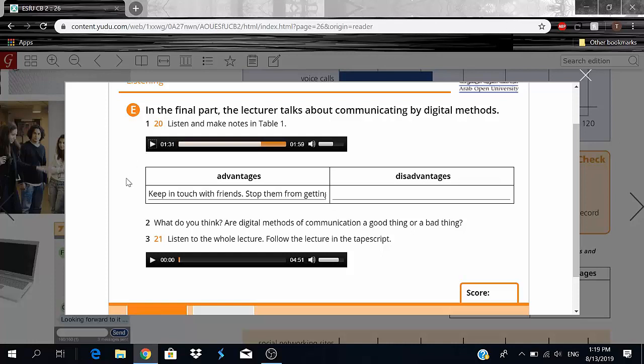Okay, so it seems that the lecturer has considered a disadvantage of using digital methods, which is that teenagers now don't talk face to face. They only talk online. So this is a really valuable skill that can hurt them in real life when they go to a job interview or just when simply talking to people on the street.